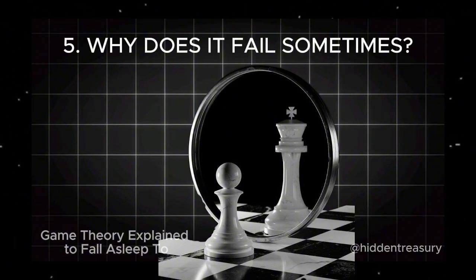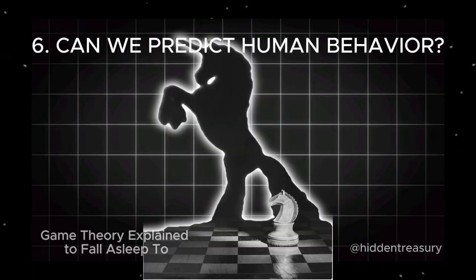Game theory remains a useful lens. It helps highlight patterns, anticipate conflict, and guide decisions. But the real world is complex, noisy, and often emotional. Strategy doesn't always follow the rules, because people don't either. And that's what makes prediction difficult, but decision-making so endlessly interesting.